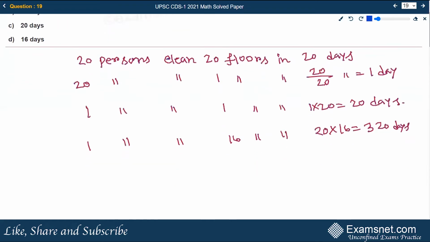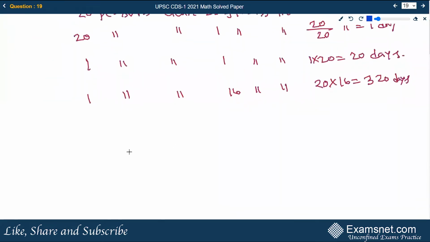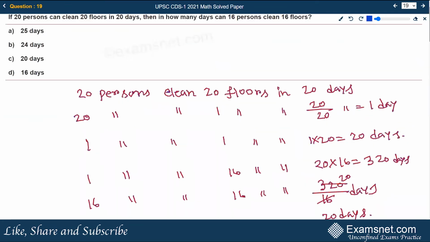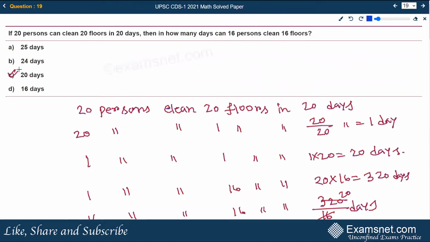Now 16 persons clean 16 floors. Obviously, it will be in less time, so we will divide. It will be 20. So 20 days is the answer here. Option C is the answer here.